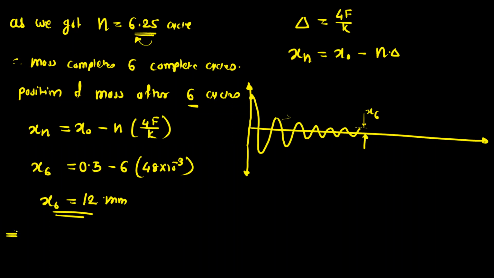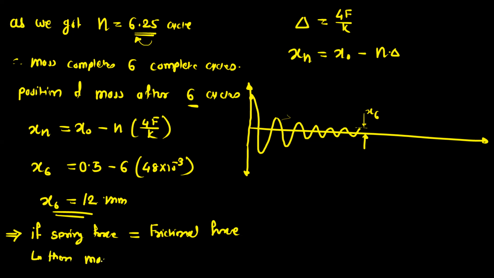So there is a condition: if this spring force becomes equal to the frictional force at any position, then the mass will stop immediately at that position, and it will not move for the remaining oscillations or remaining cycles. So first check this condition.